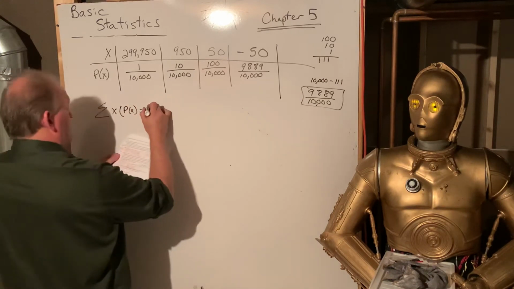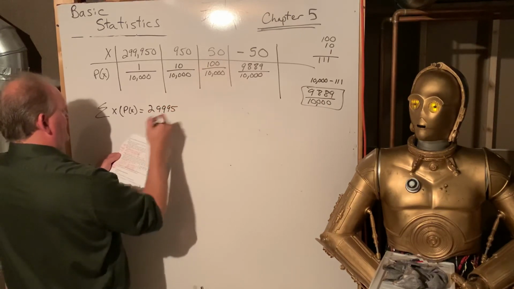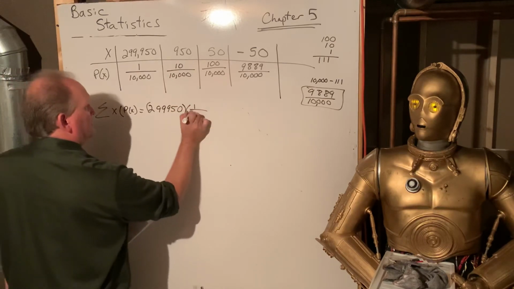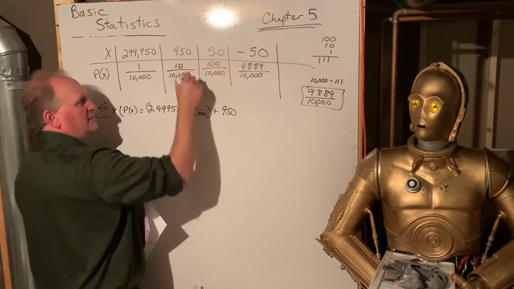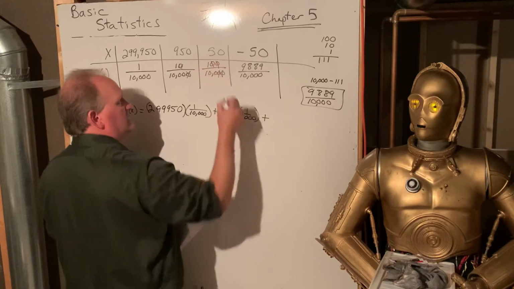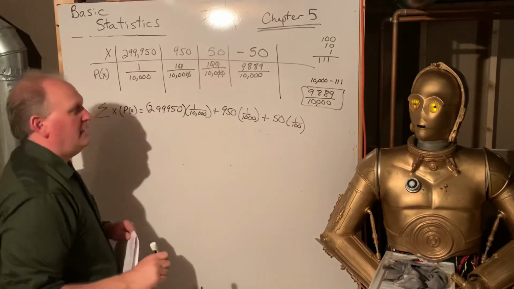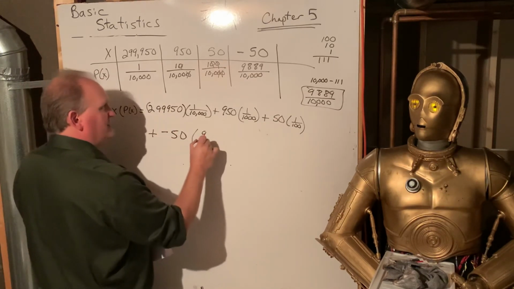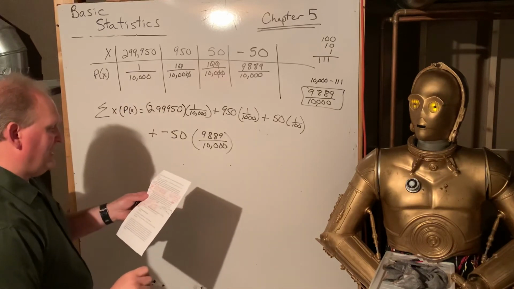So that's going to be 299,950 times 1 over 10,000, plus 950 times, we could reduce that, we could kill a 0 in each one, 1 over 1,000, plus, again, we could kill 2 zeros, top and bottom, 50 times 1 over 100, and then this is the big one, plus negative 50 times 9,889 over 10,000. And so when we work that out, that's not very good.